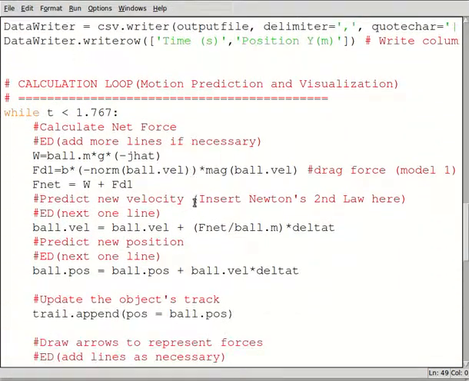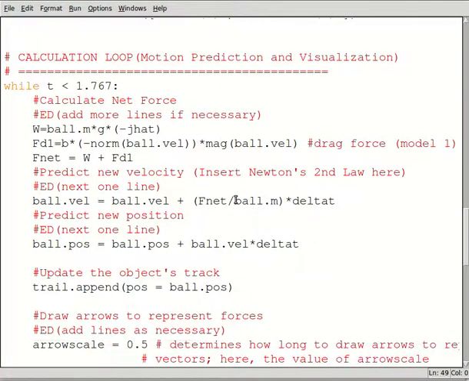and here we have the main loop, where we calculate the weight force and the drag force, considering a model proportional to the magnitude of the velocity. We obtain the net force.